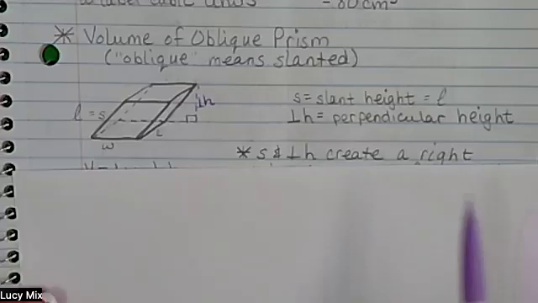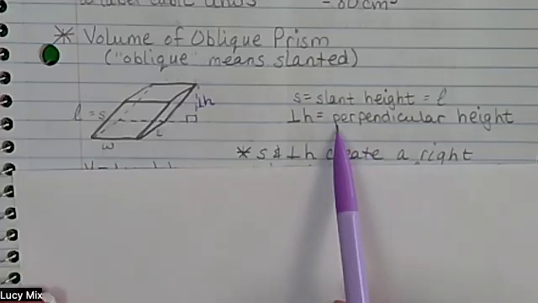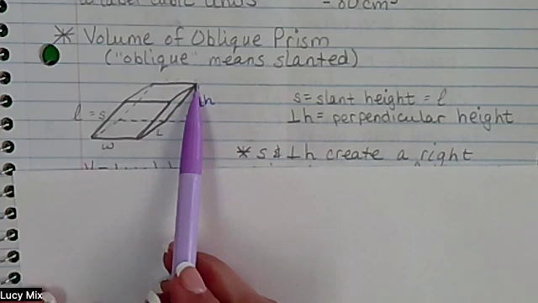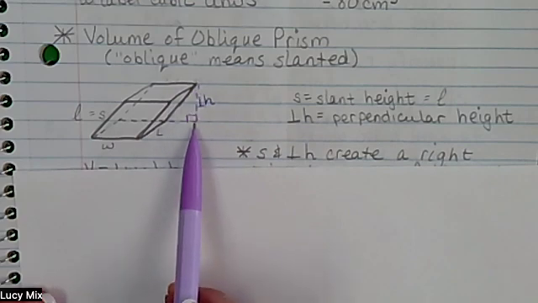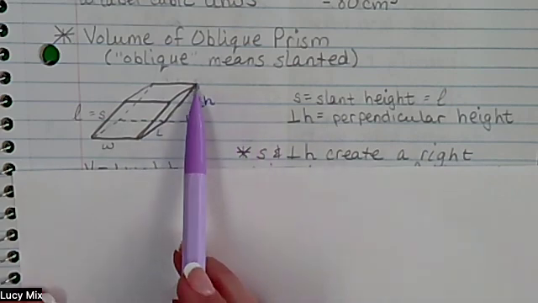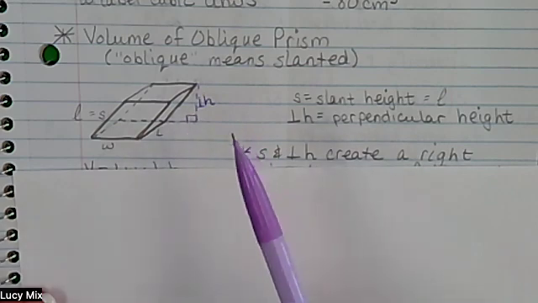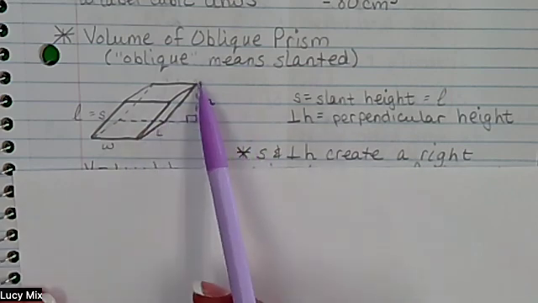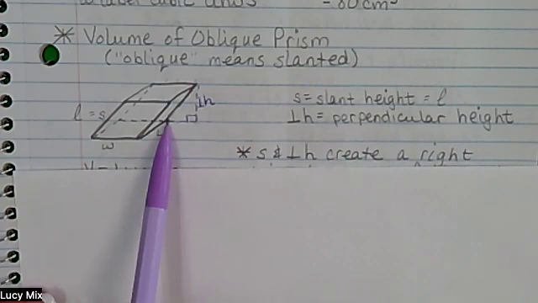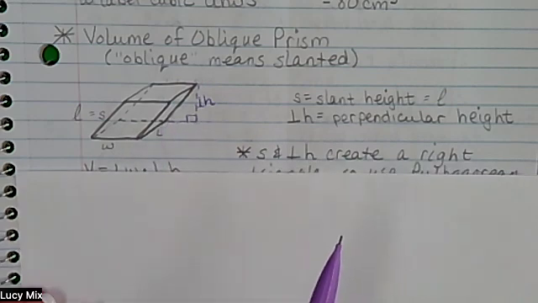But to find volume, we need perpendicular height, which is the height from the top to the bottom, creating a 90-degree angle, okay? Which creates a right triangle. So slant height and perpendicular height, and the distance apart from them, create a right triangle.